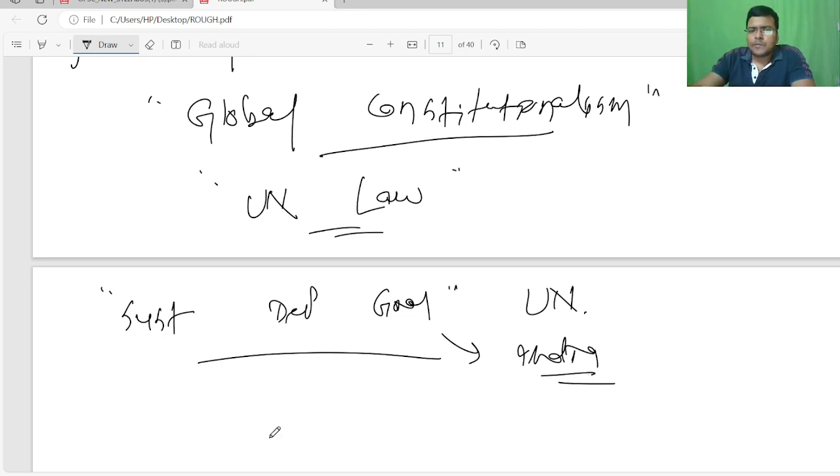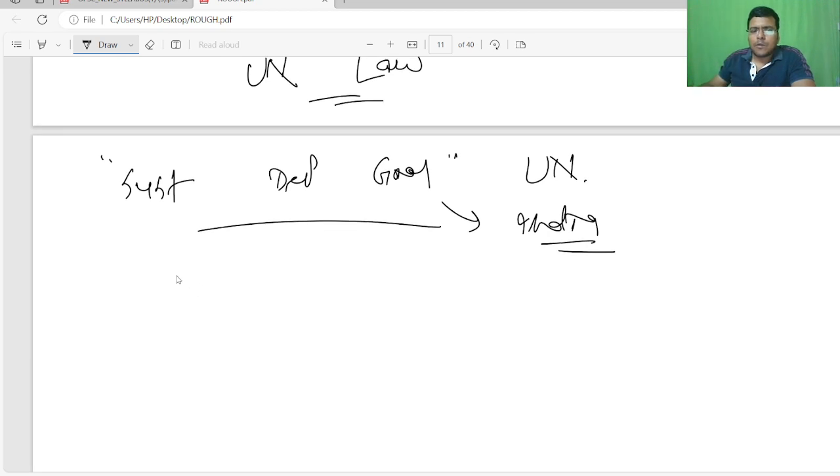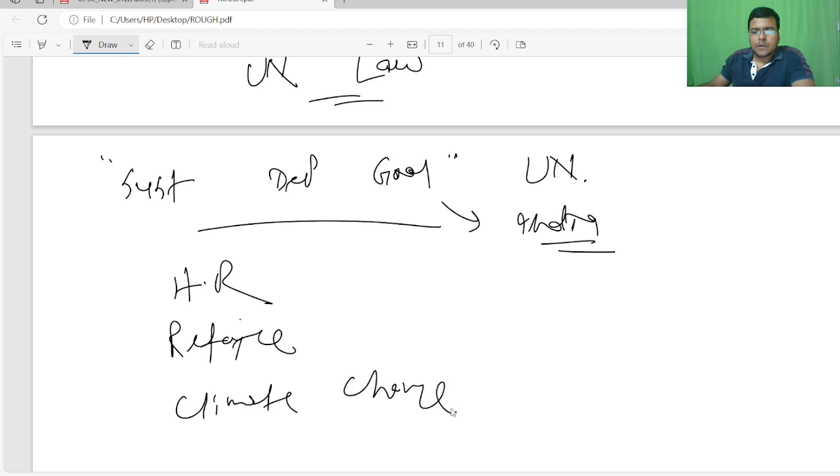Be it in the matter of human rights, refugees, climate change, the member nations are bound to follow the rules set by whom? The UN. Rules related to human rights, refugees, climate change. So we can call this global constitutionalism.